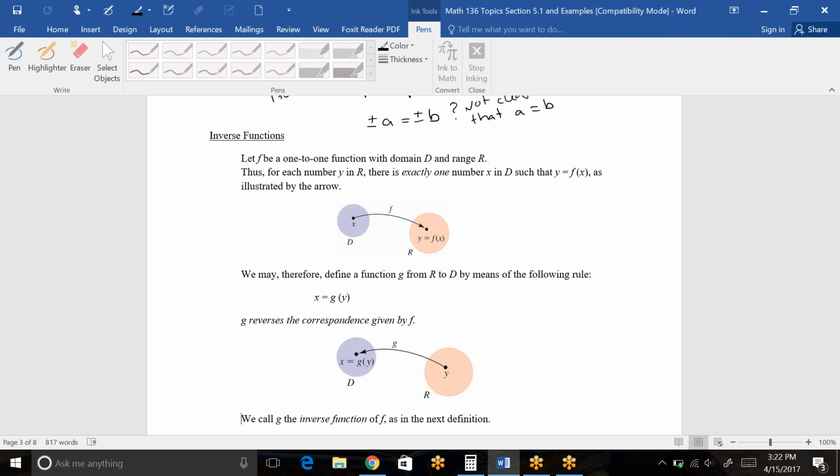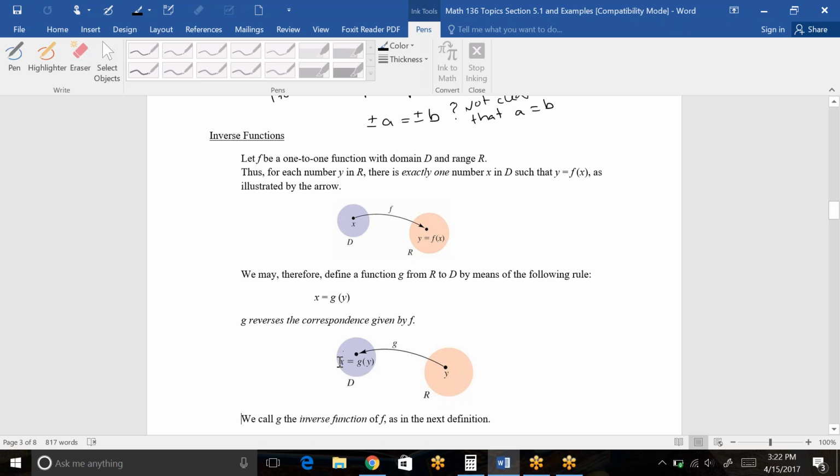You're learning how to go from an input to an output, and then start at that output and go back to the original input. You're learning how to map back the other way. So if x goes to y, we're going to learn how to take that y value, and it's going to be our new domain, and we're going to plug it back in and find a new x, which is going to be the same x we started with. This one's mapping from x to y.